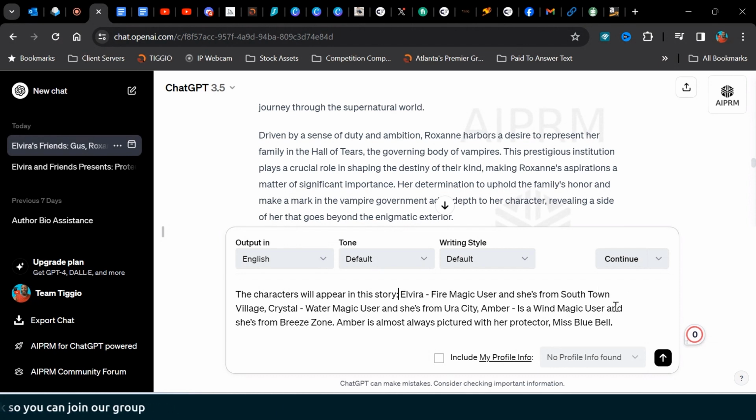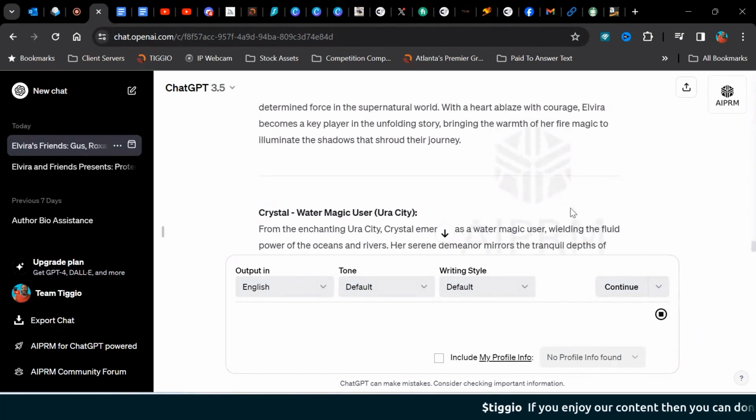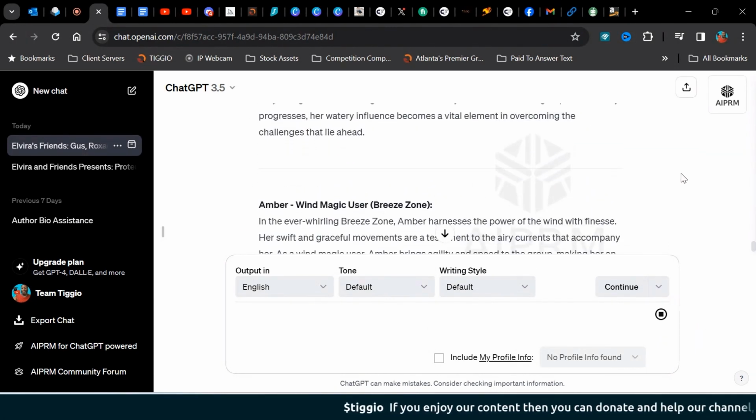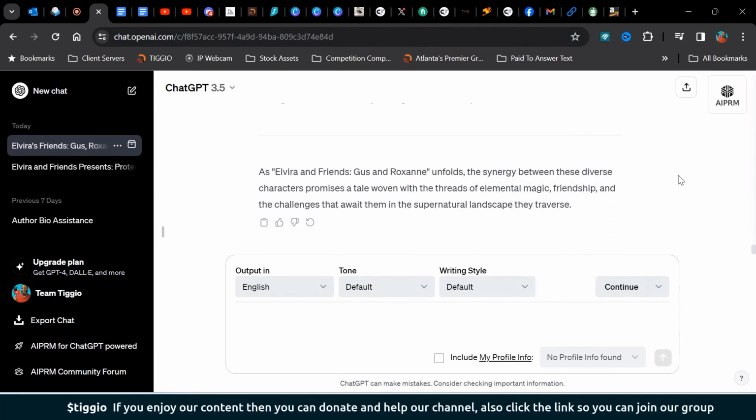All right. So let's go ahead and put that there. So these characters would definitely appear in this story.